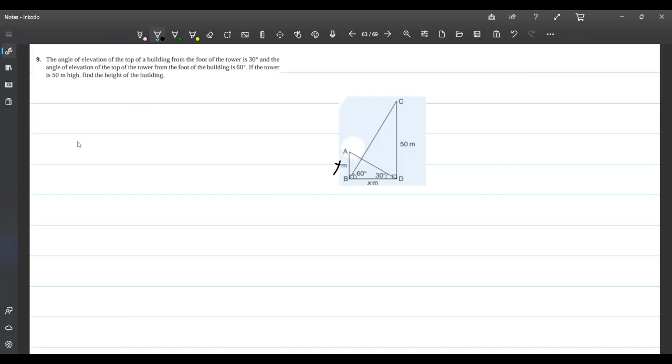So in the figure, CD is a tower which is 50-meter high and AB is a building.